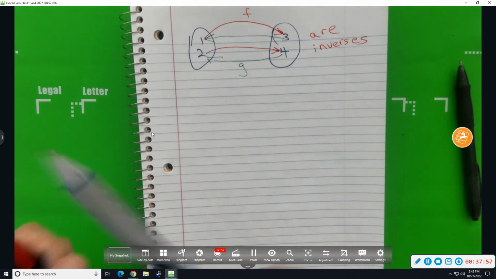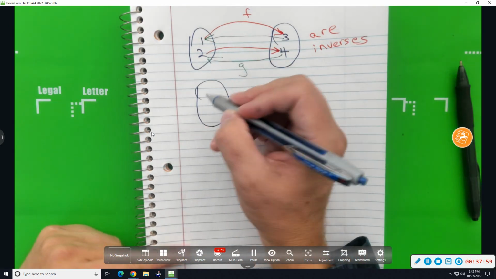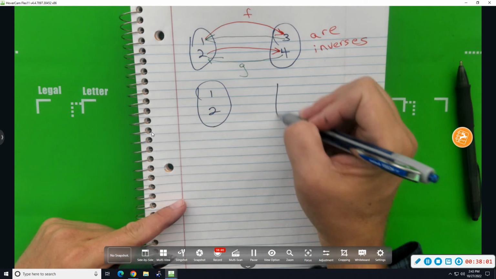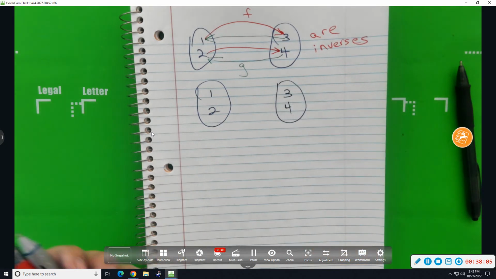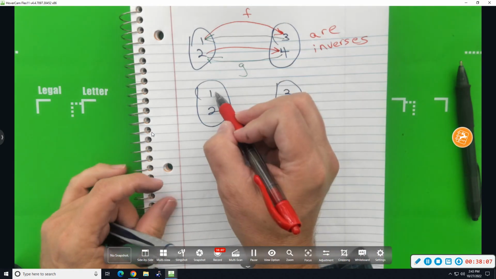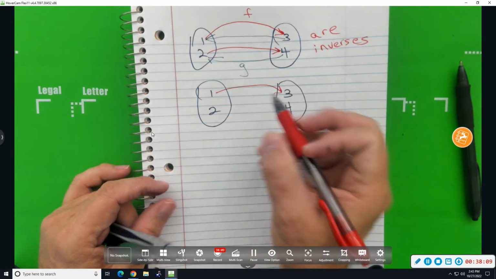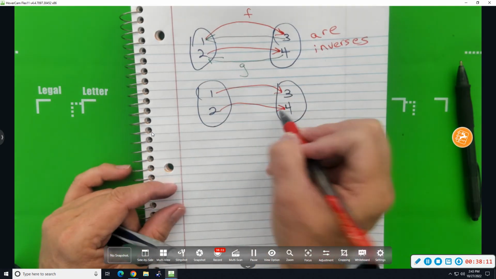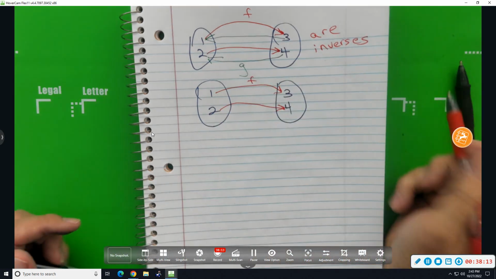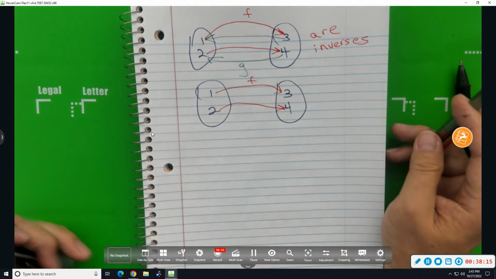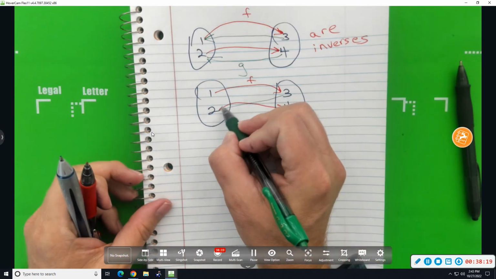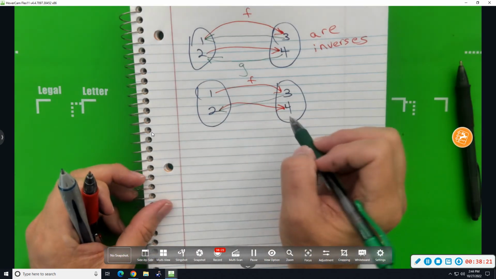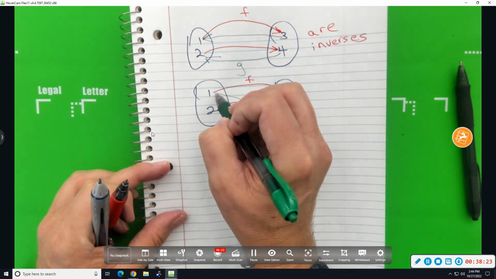And one more. With our intuitive notion of, let's say, 1 goes to 3, 2 goes to 4, there's f. Suppose g took 3 to 2 and 4 to 1.